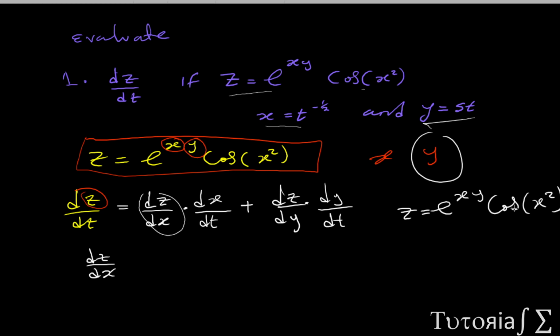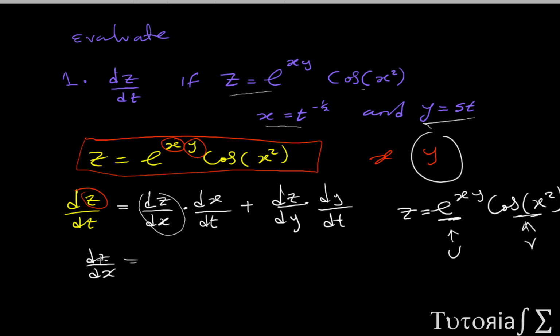Y is considered as a constant. And since we see that x is both here and here, we need to use the product rule. So we're going to say this will be our u, and that is our v.